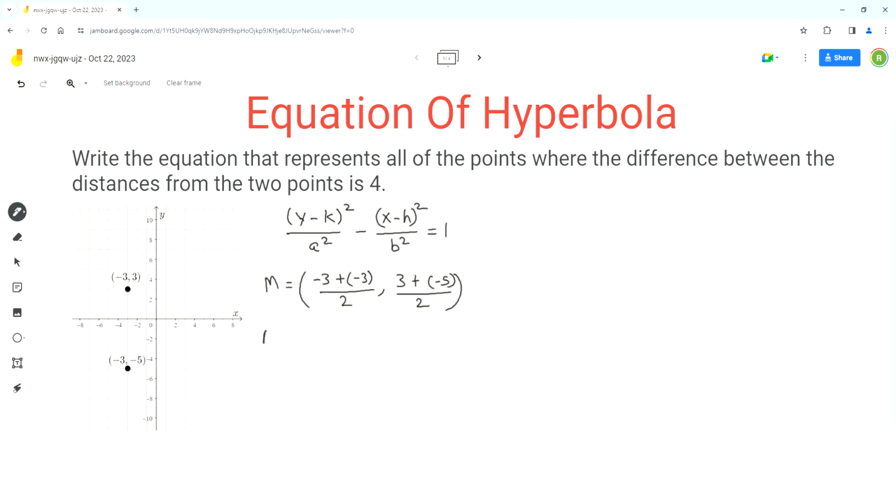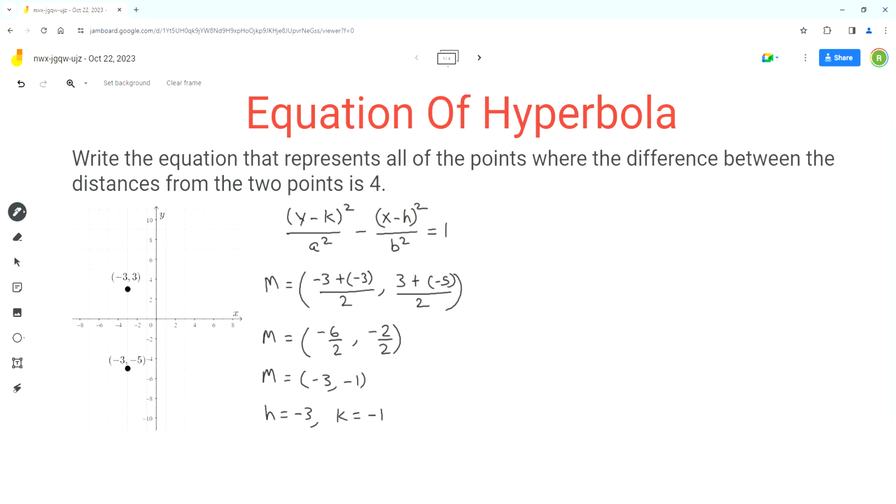So we get m equals, so -3 plus -3 is -6, and 3 plus -5 is -2. So the midpoint of these two given points is -3, -1. So that means for our hyperbola, the h value is equal to -3 and k is equal to -1.